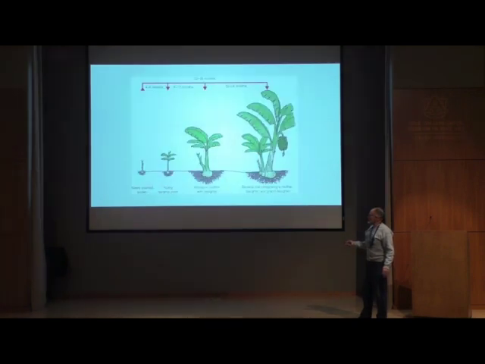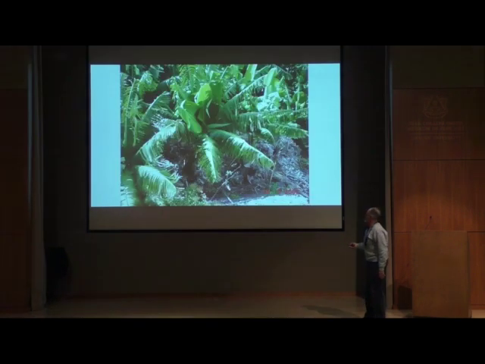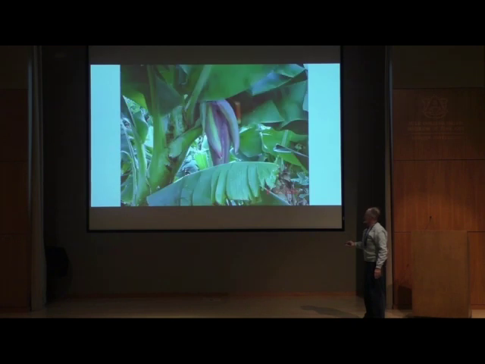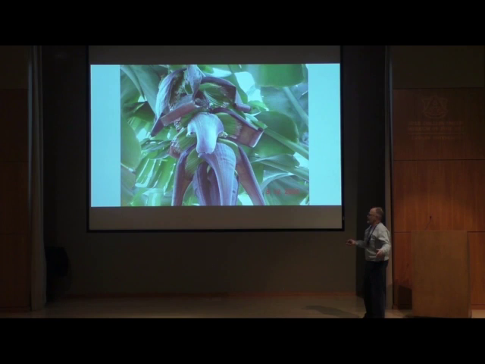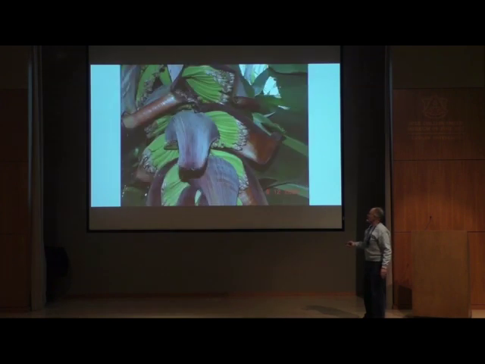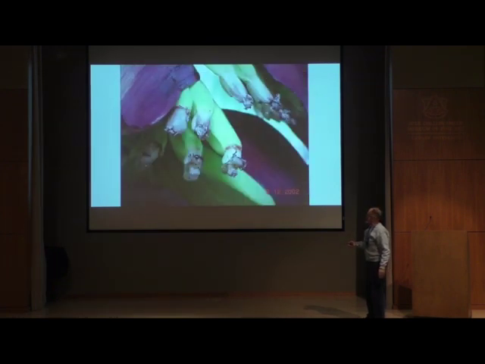I'll go quickly. Anyway, banana is easy. You get a sucker, you plant it, and it grows. This will go very, very quickly. Here is a banana flower being born. Then you go to that, and to that, and to that. And he has this flower prop.